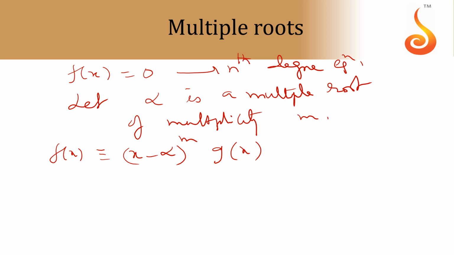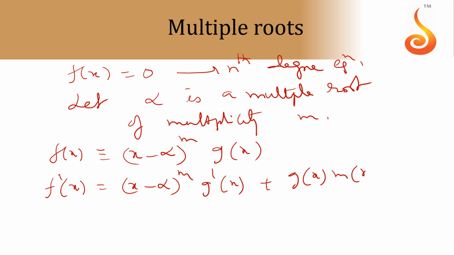Then please remember, suppose I do f dash x: x minus alpha whole power m into g dash x plus g of x into m into x minus alpha whole power m minus 1. So I can write x minus alpha whole power m minus 1 common, and take some h of x.